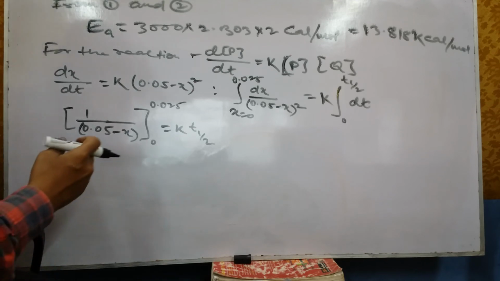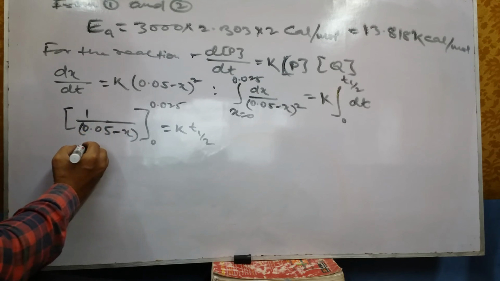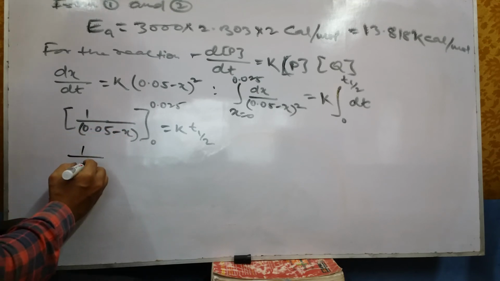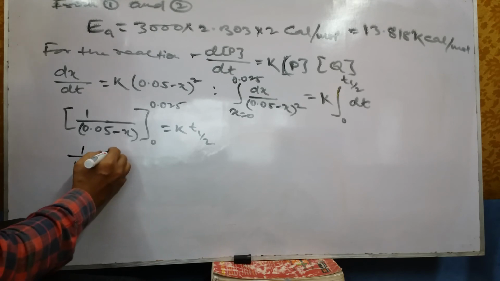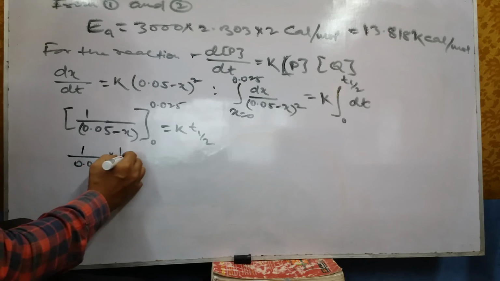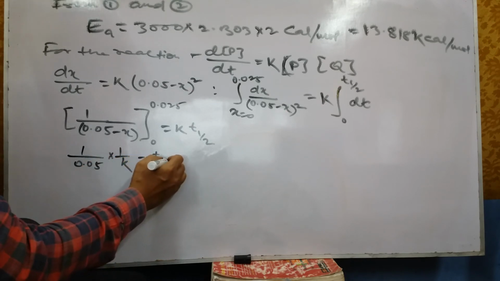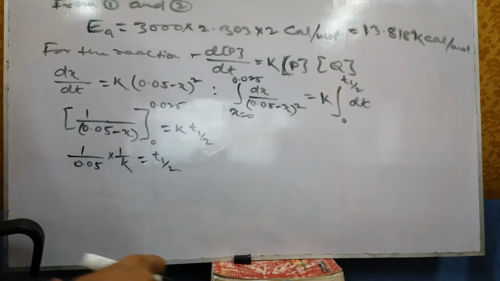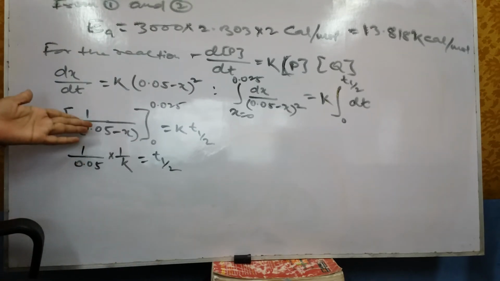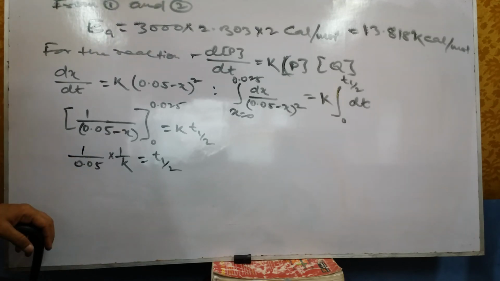Then it cancels out, and we get in hand 1 by 0.05 into 1 by K equal to t half.